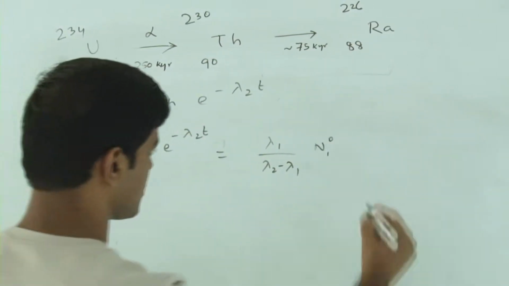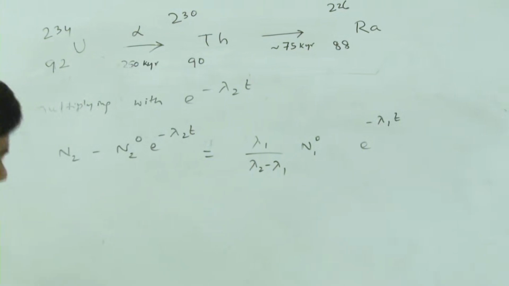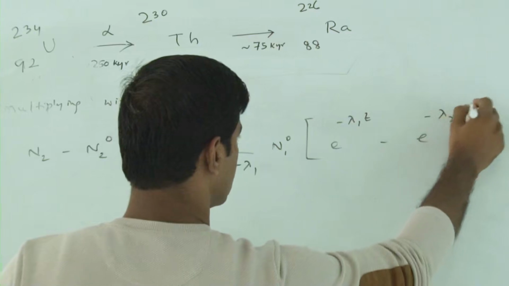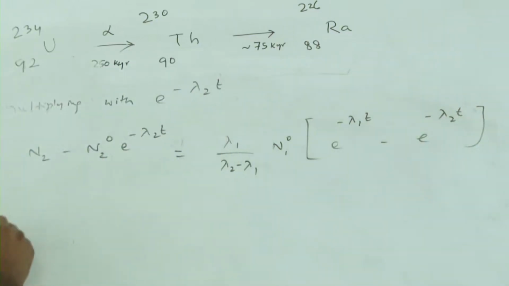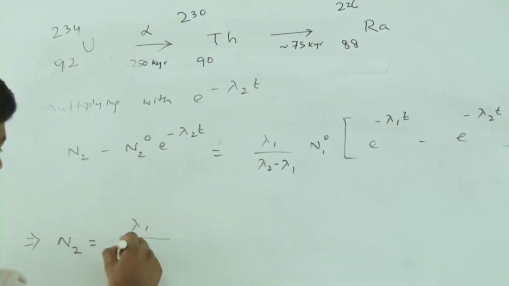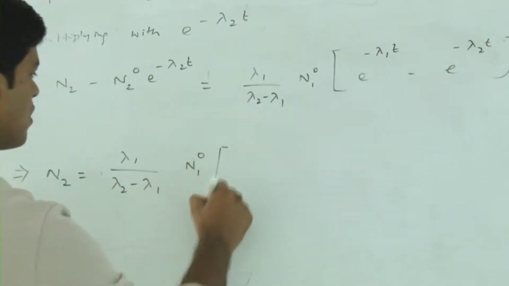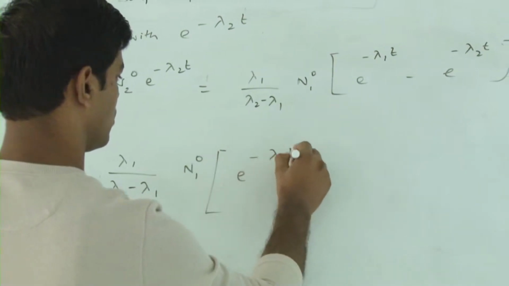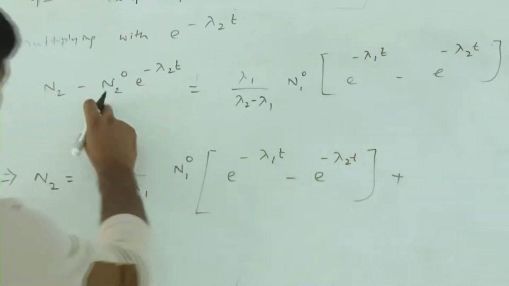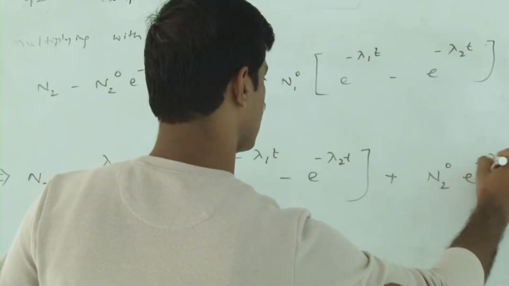If we are multiplying, then this becomes e to the power minus lambda 1 t, and the second term is actually common, so we can write this as e to the power minus lambda 2 t. So, this N2 at any point of time basically is lambda 1 by (lambda 2 minus lambda 1) N1 0 into (e to the power minus lambda 1 t minus e to the power minus lambda 2 t), plus this term I am taking to the right hand side, so this becomes N2 0 e to the power minus lambda 2 t.